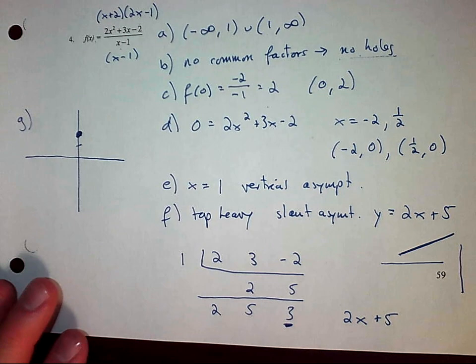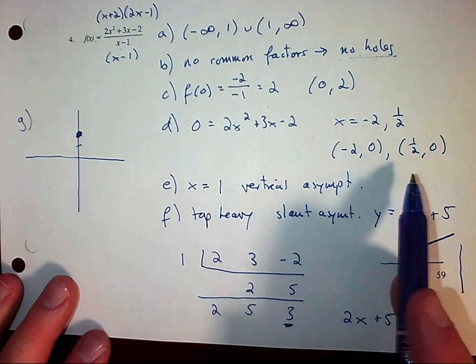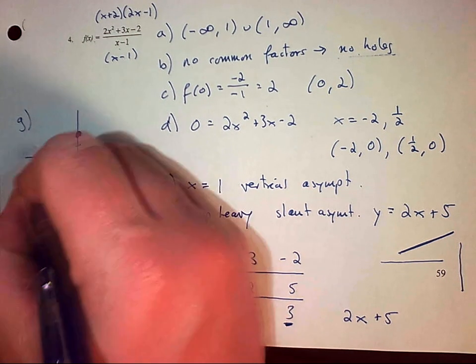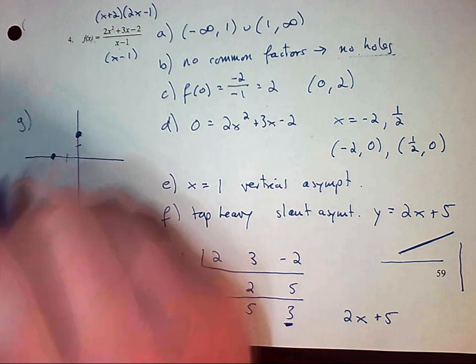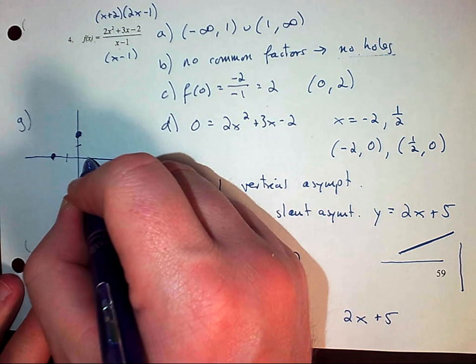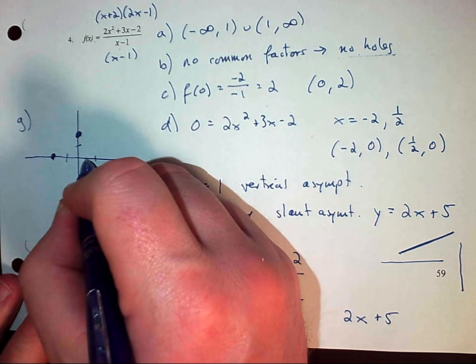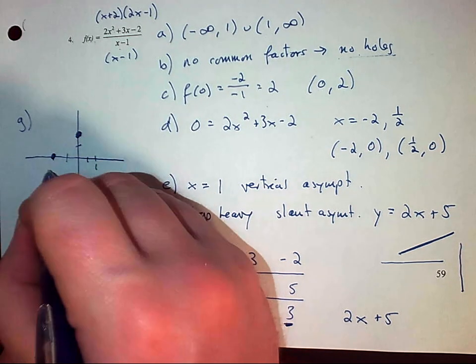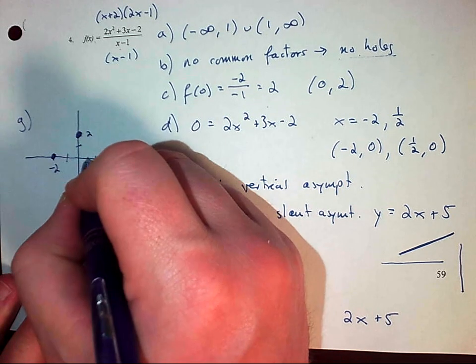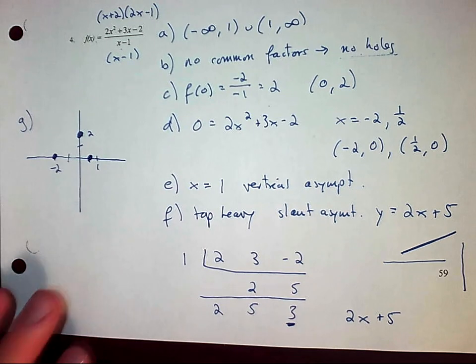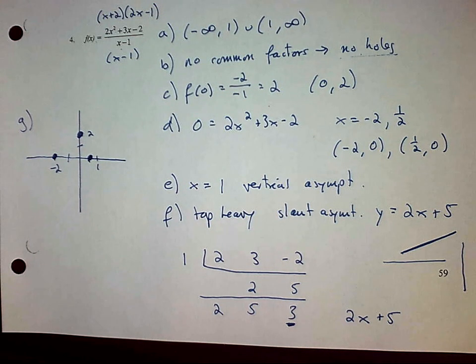This is where we're going to cross the y-axis. We're going to cross the x-axis at negative 2, so negative 1, negative 2. We're going to cross it right here and at 1/2. So we're going to say this right here is 1. Here we'll get 1/2. So here, negative 2, positive 2. That's 1/2 right there. I'm going to cross the x-axis right there.